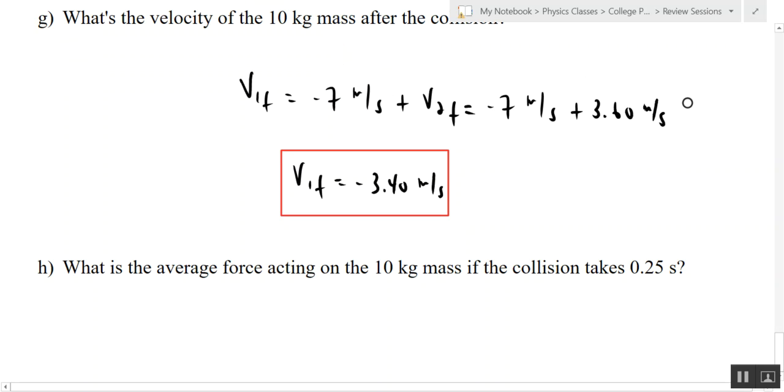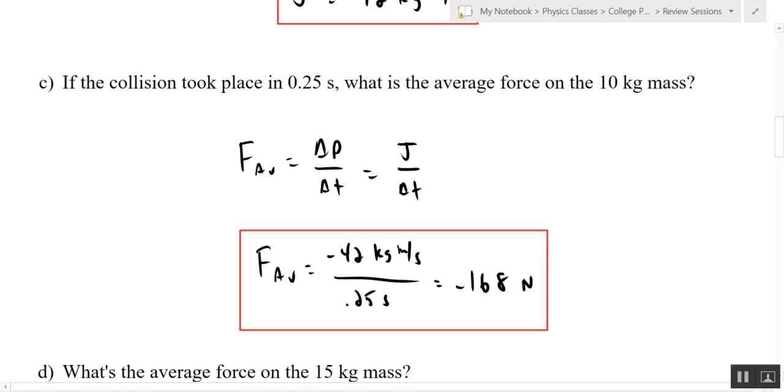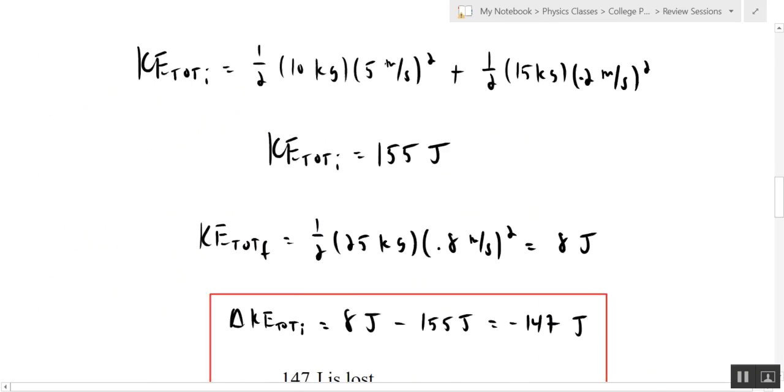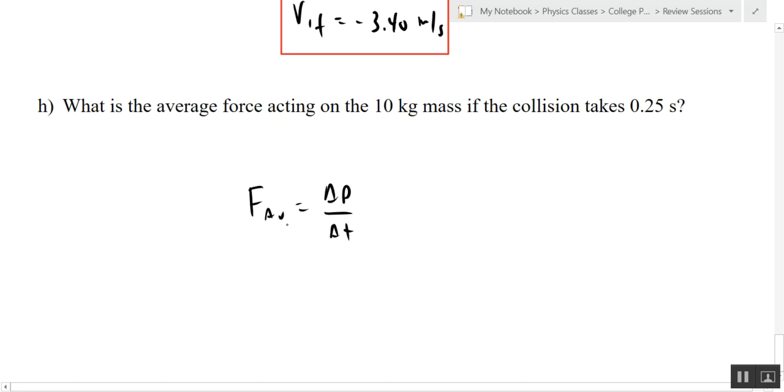So you do it the same way that you did it for the inelastic collision. And the average force equation does not change. So basically, it's this equation here. The average force is the change in momentum of the mass that we're talking about, say mass 1, to get a little bit more specific. So the final momentum of mass 1 is 10 kilograms times the velocity, which is negative 3.4, so negative 34.